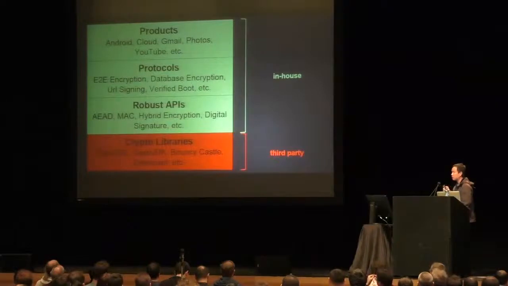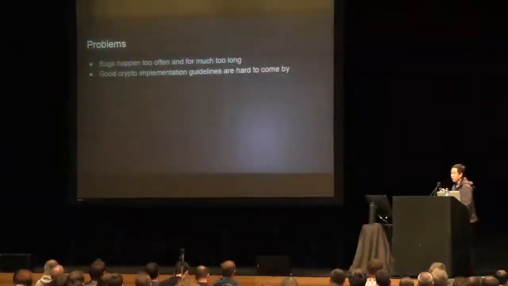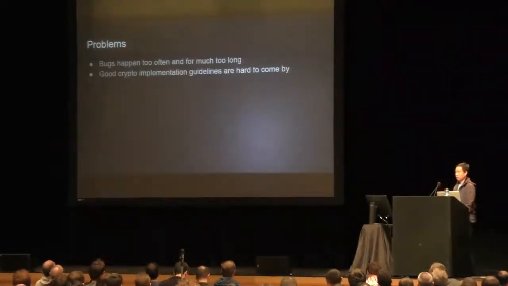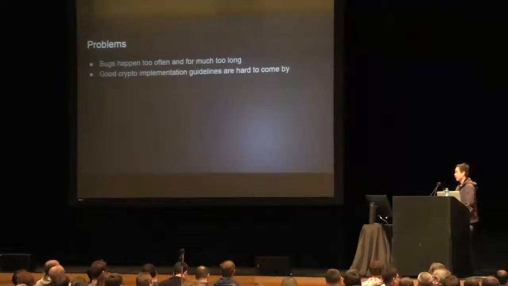The problem is we usually find that these libraries have a lot of bugs, and these bugs persist for a long time, and they repeat themselves very frequently. There are bugs that should have been fixed 10, 14, 15 years ago, but somehow they are not.